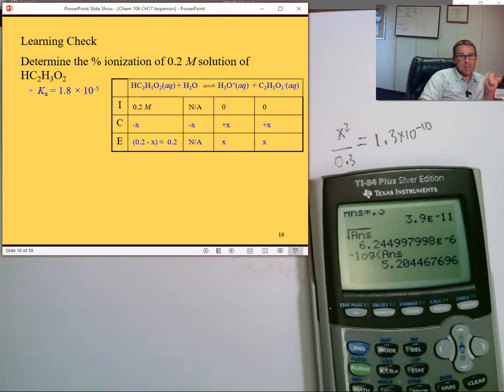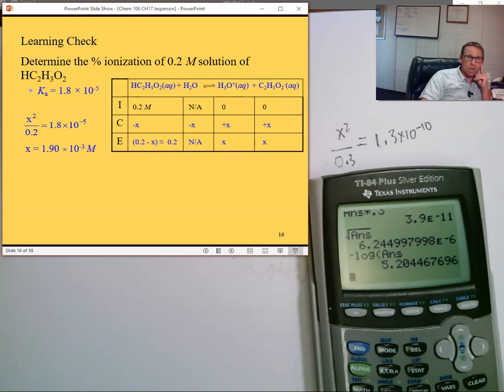We need to find out what X is, so we put our equilibrium concentrations in the shape of our equilibrium expression: the concentration of the dissociated ions over the concentration of our acid to start with, being equal to the equilibrium constant, which allows us to solve for X. And when we get X, 1.9 times 10 to the minus 3, we haven't been asked what the pH is. We've just been asked what the percent ionization is.